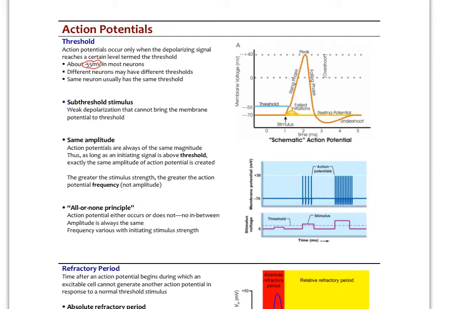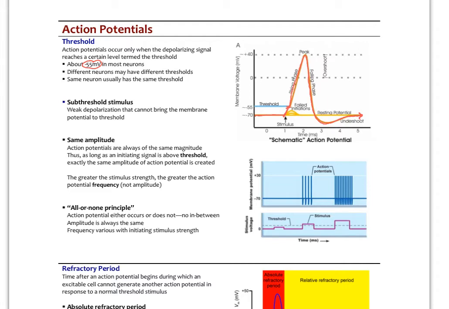And different neurons have different thresholds, but basically once threshold is reached, and you see that in the diagram here, here's a resting membrane potential, here's a threshold stimulus, here's the threshold voltage. Once that depolarization reaches threshold, then those sodium channels open and we get a depolarization in that part of the membrane. Then the potassium channels open, potassium floods out, it undershoots a little, and it goes back to resting membrane potential.